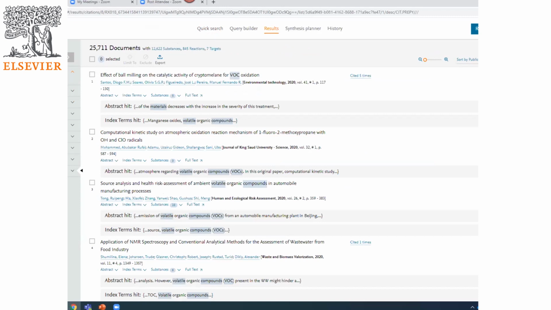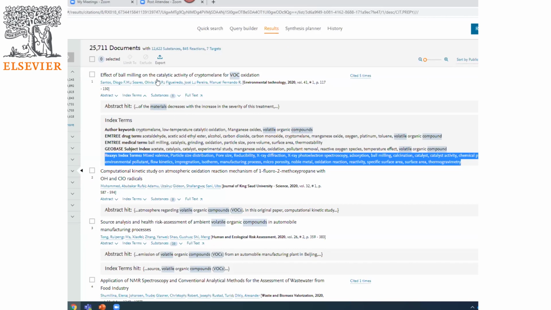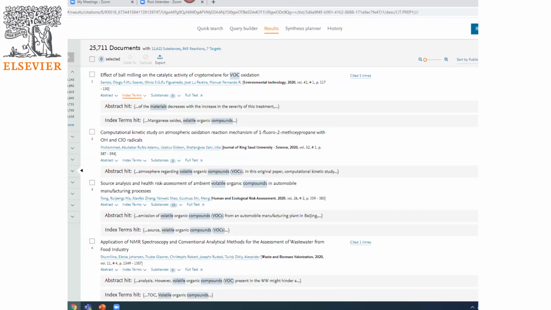These are all terms indexed in these 25,000 documents. So you can open any of them and see chemical index terms. You can browse them statistically, oxidation 4,000. Or if you know the specific branch in which you're interested, you can use the Reaxys taxonomy tree.